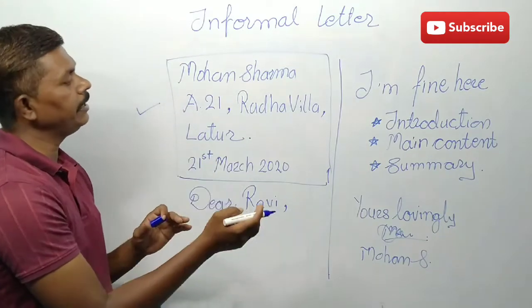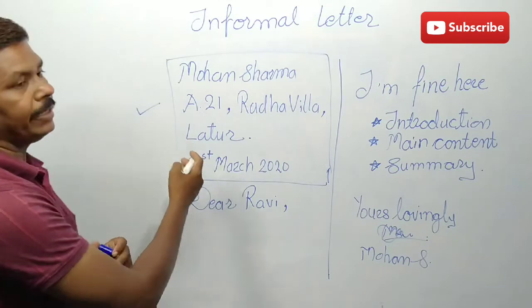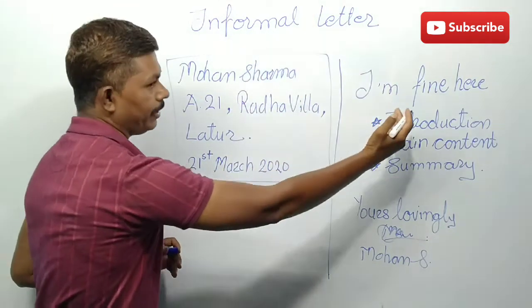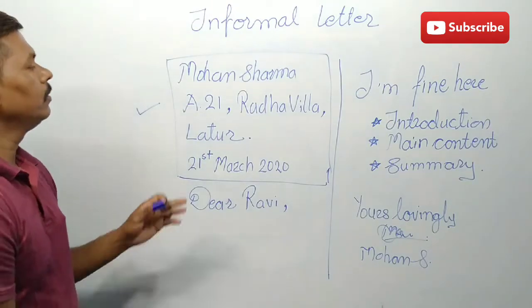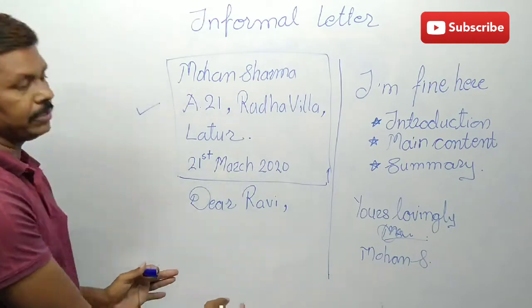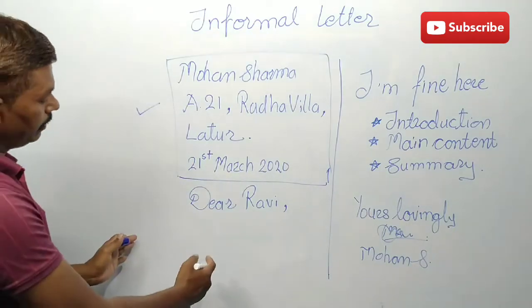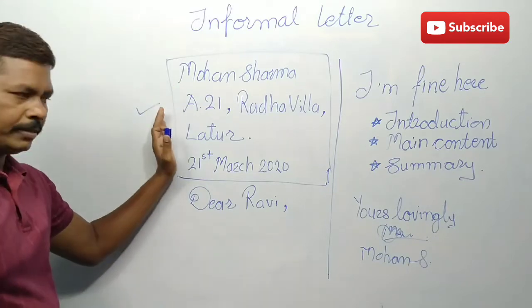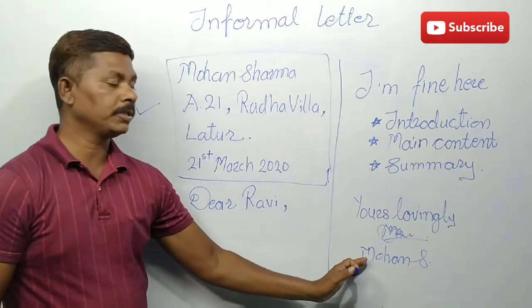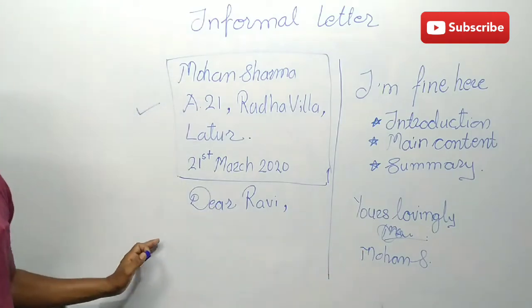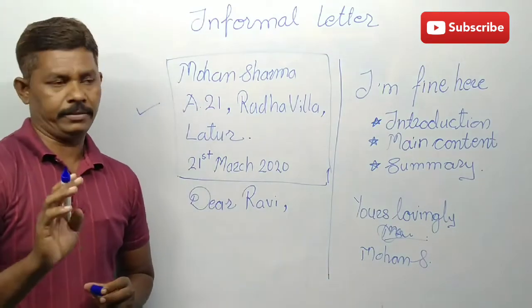Previously we used to write the address at the right of our page, but nowadays we write all the aspects of the letter at the left. For example, the address should be at the left, and even the conclusion, or complimentary end, should be at the left.